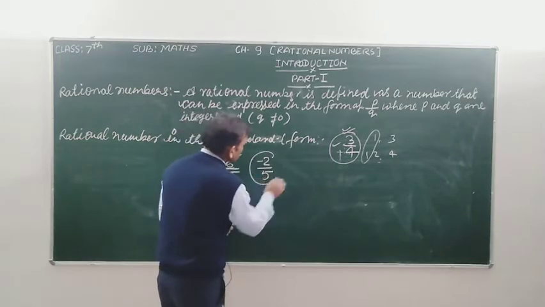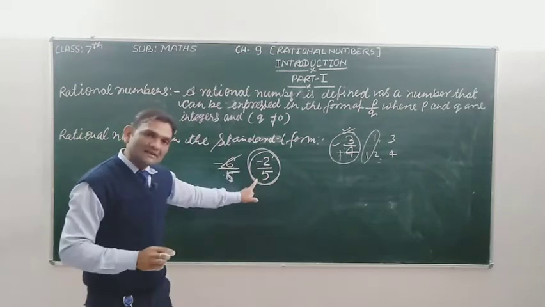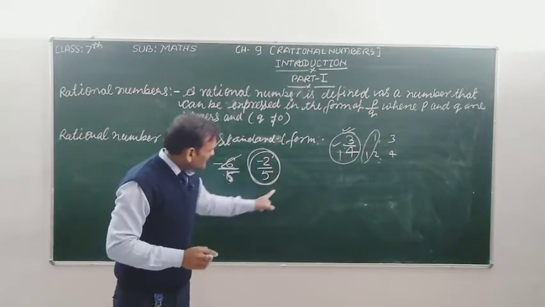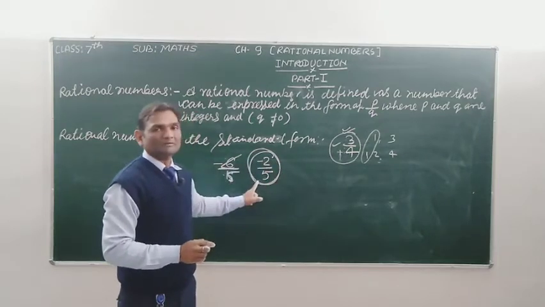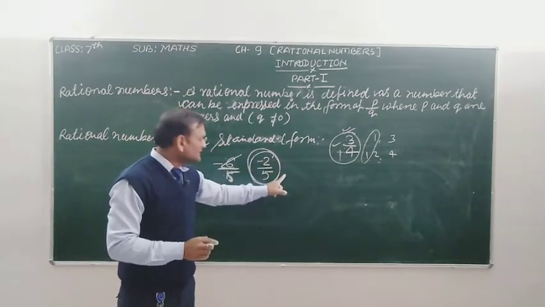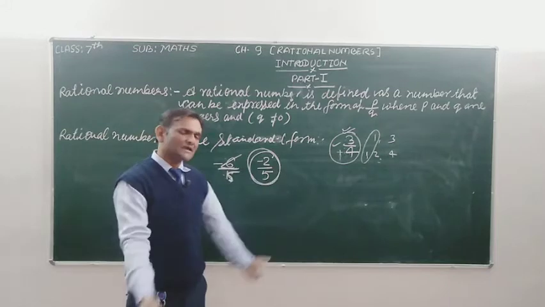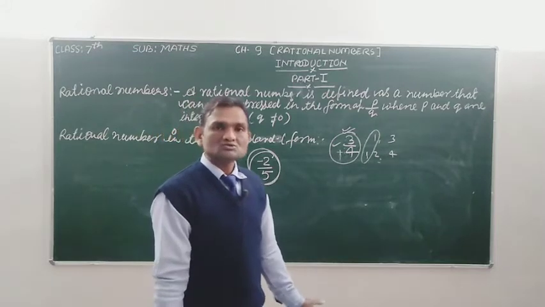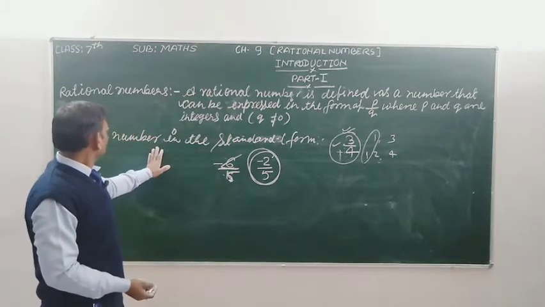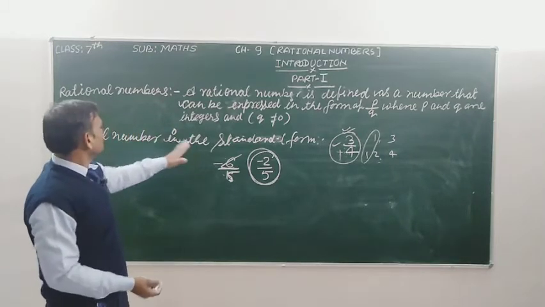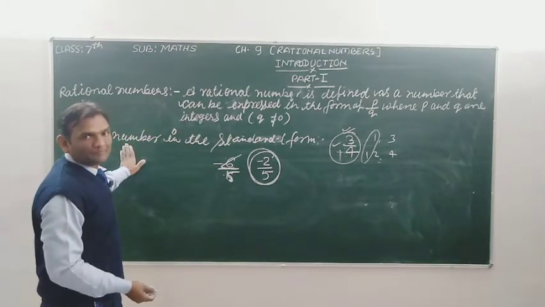So -2/5 is a rational number and it is in the standard form. It is in the simplest form. It is in the lowest form. You can say anything. So, student, I hope you have understood the standard form of the rational number.